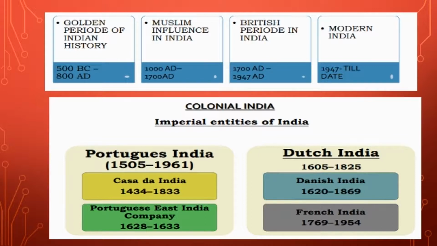Another is Dutch India, which ran from 1605 to 1825, then Danish India, 1620 to 1869, and French India, 1769 to 1954.